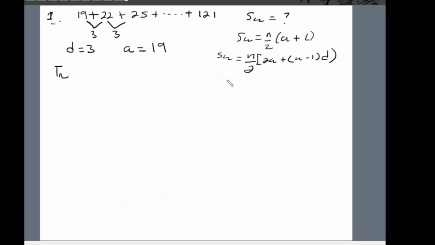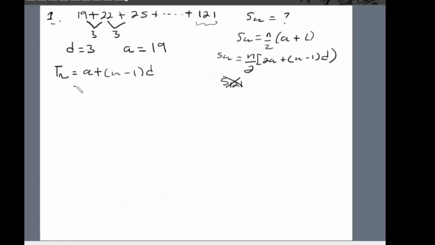Some people make the mistake of seeing that the last term is 121 and just assuming that we need S121. That is not correct, right? You must find n first. To find n we start with the formula for Tn. Tn equals a plus n minus 1 d, because we are dealing with an arithmetic series.